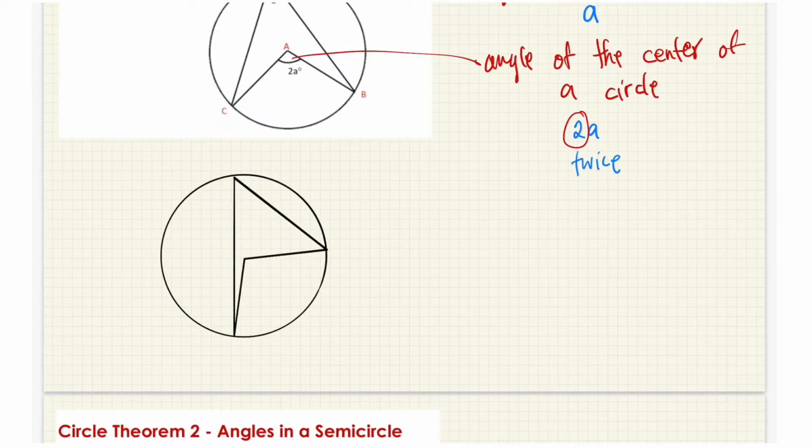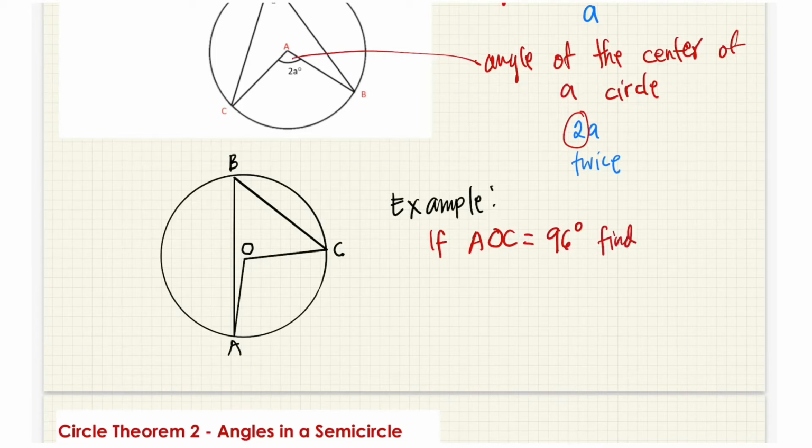Alright, now we have A, B, C, and O. Okay, now we have, if AOC is equal to 96 degrees, find ABC.